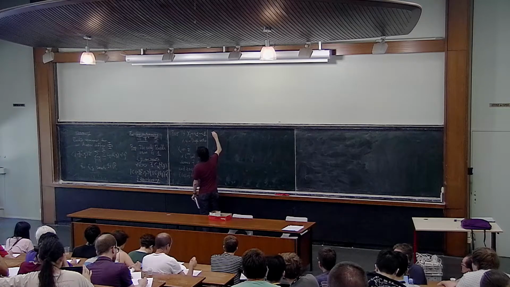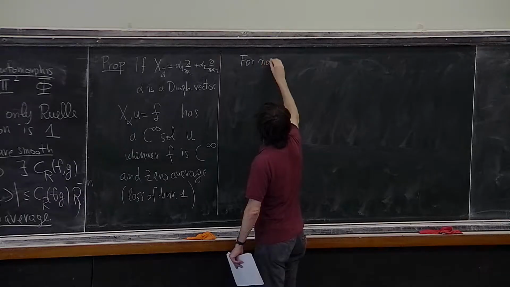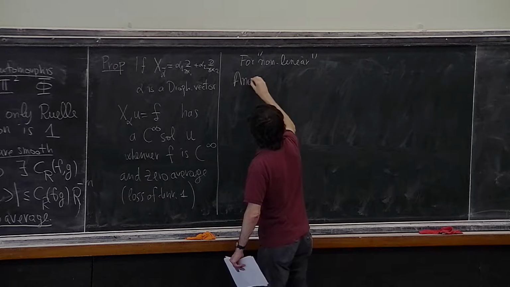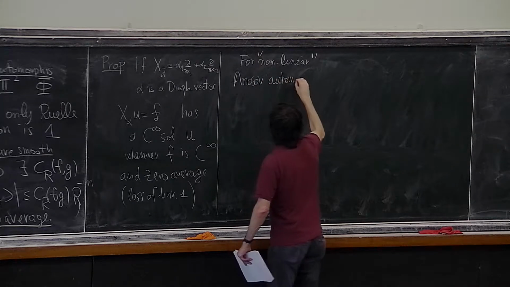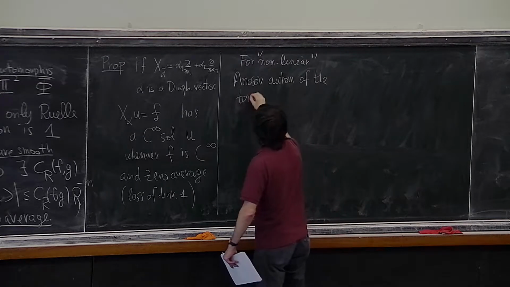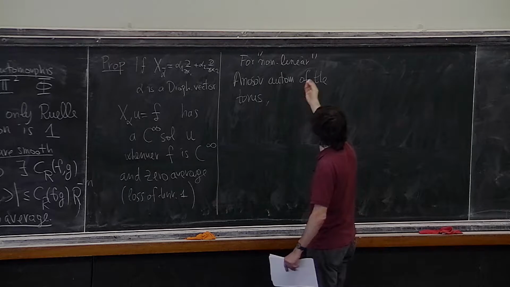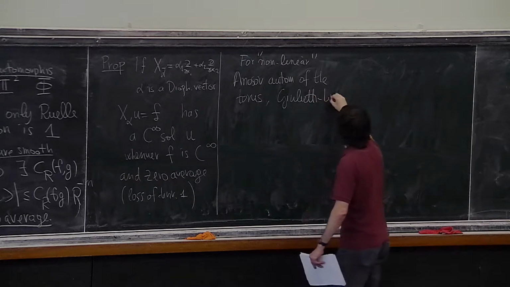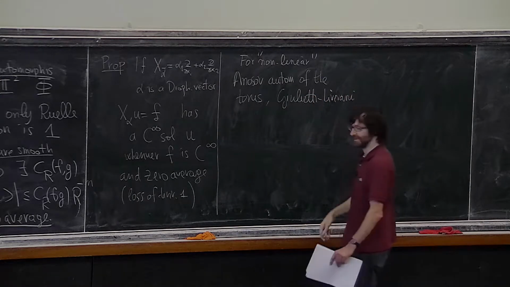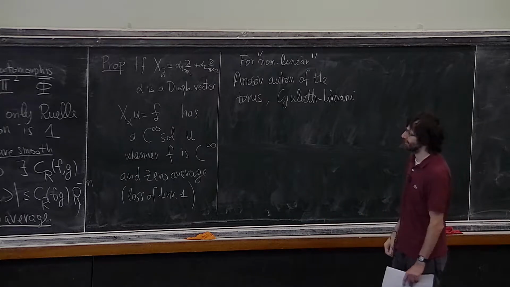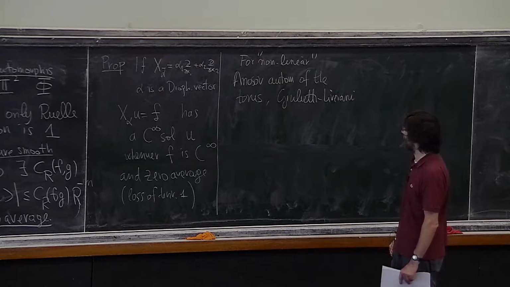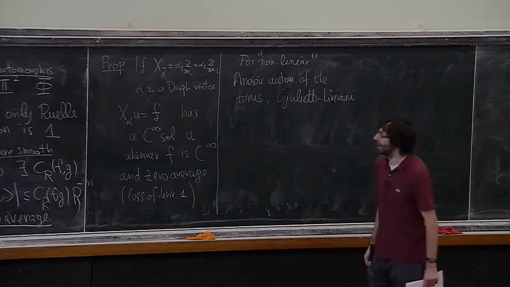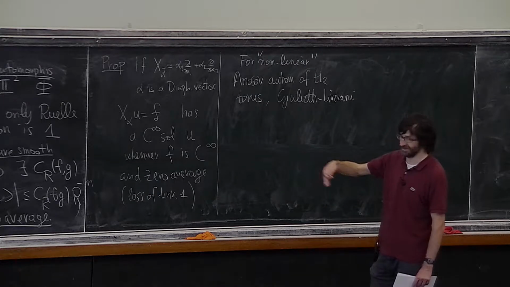For nonlinear Anosov automorphisms of the torus, there is a relatively recent paper by Giulietti and Liverani, that in some sense started a lot of work around this problem of Ruelle resonances and related consequences, especially applications to cohomological equations and ergodic theory of the unstable direction.